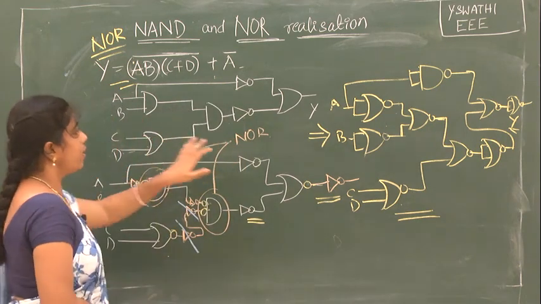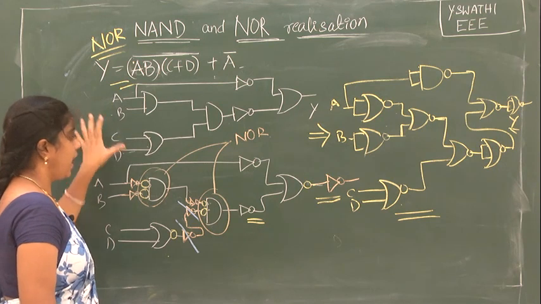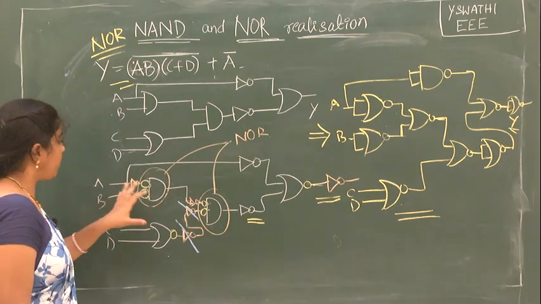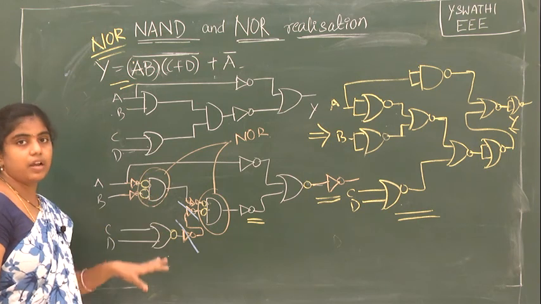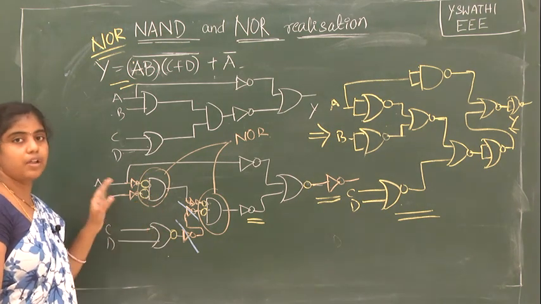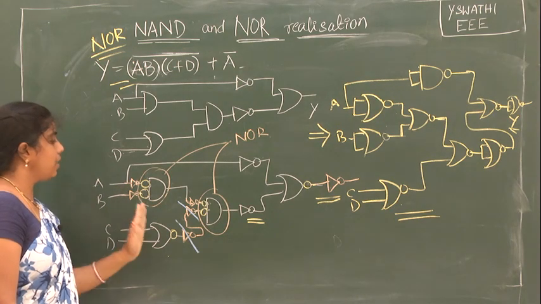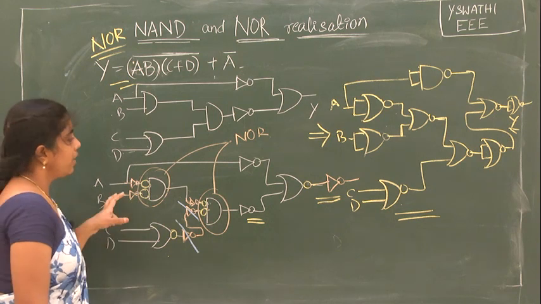So to get the NOR gate realization of a given expression, first we have to draw the AOA logic, and then we bubble the inputs of the AND gates and the output of the OR gate. Wherever you introduce the bubbles, you have to add the inverter at the input of the AND gates and the output of the OR gate.